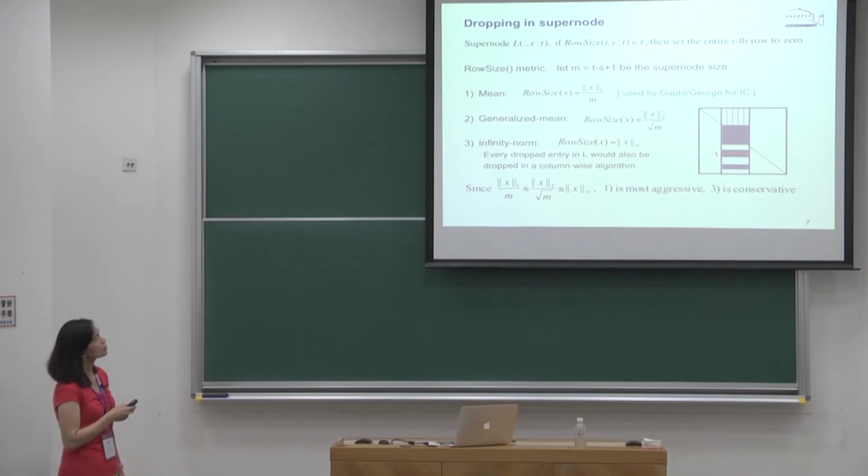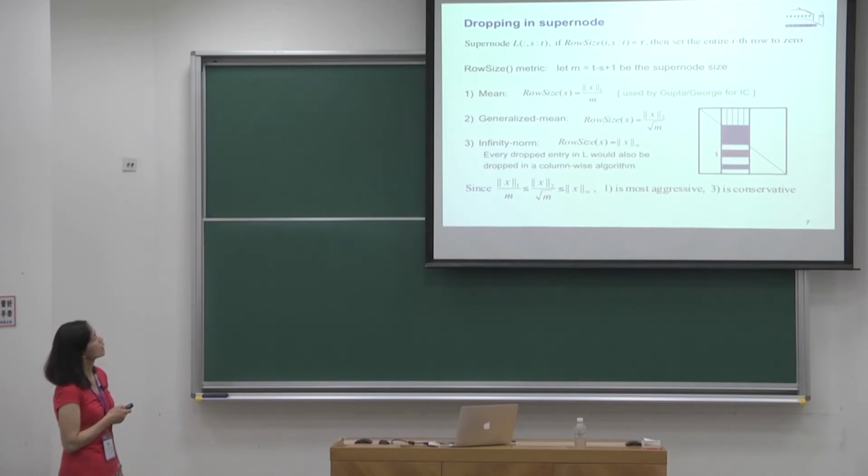And then if the average size is small, then we say we drop. So that's actually used by Anshul Gupta and his co-author in their incomplete Cholesky factorization. They use this criterion. Also in this Cholesky factorization, they maintain supernode. And then the second metric we used is the generalized mean. You take the spectral norm, the 2-norm of the vector, and then divide by the square root of the size.